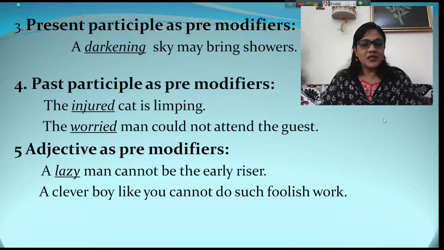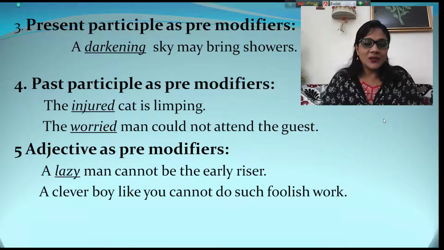For this reason, it expresses the quality of a person. For this reason it is an adjective, and as it is used before a noun, it is used as a pre-modifier.